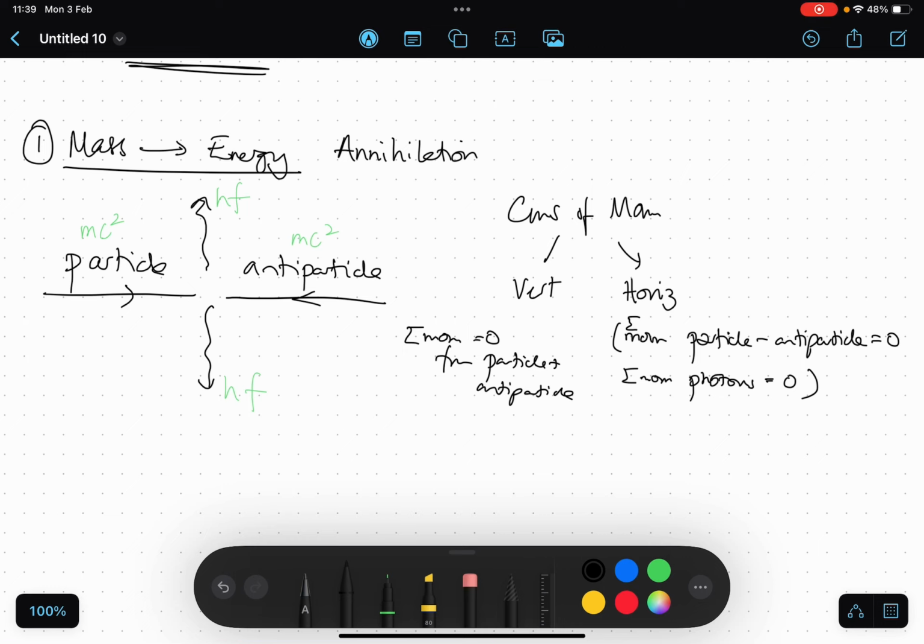So what about the photon? Well, they are moving in the opposite direction. So if we sum up the momentum from the photons, they have an equal amount of momentum, but in the opposite direction, and so they add to 0. So whether we consider this vertically or horizontally, momentum is being conserved.